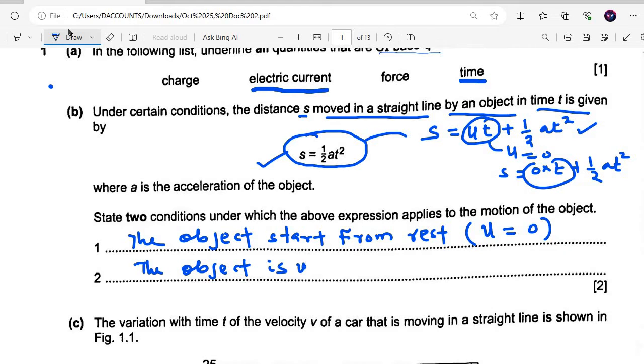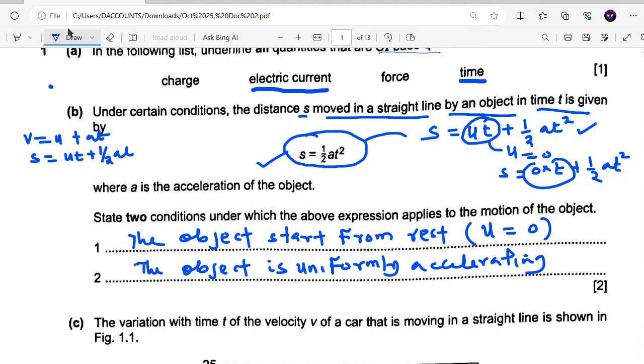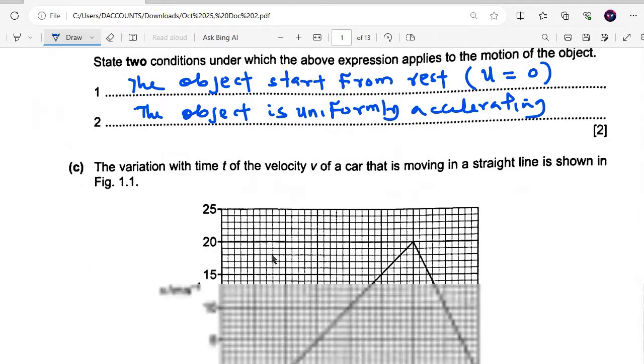So the equations of linear motion, v equals u plus at, s equals ut plus half at squared, and v squared equals u squared plus 2as, are applicable when an object is accelerating uniformly on a straight line, or linearly. That is when you apply those equations.